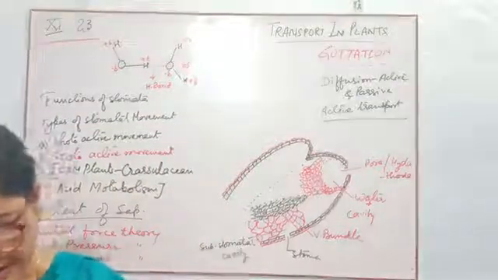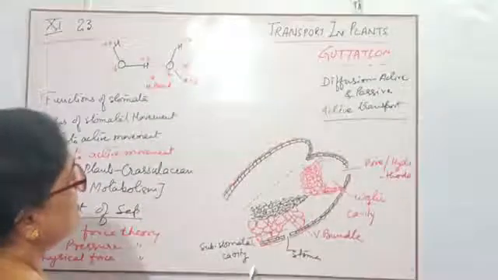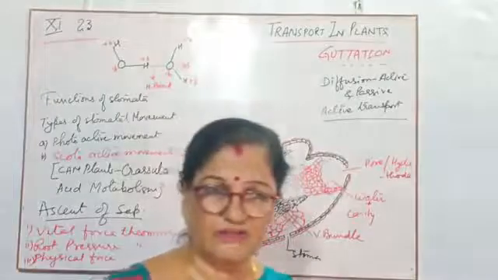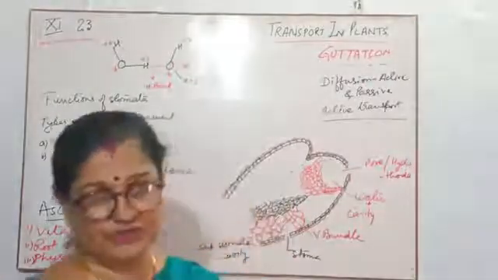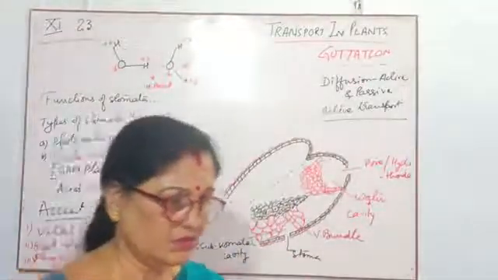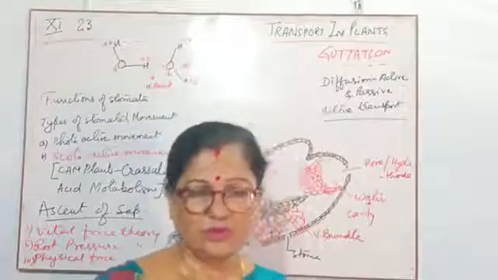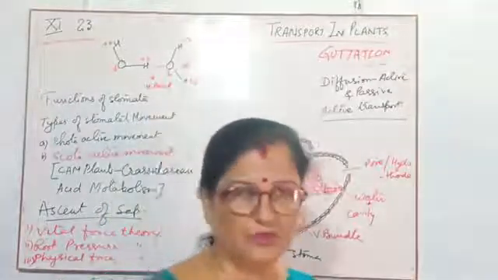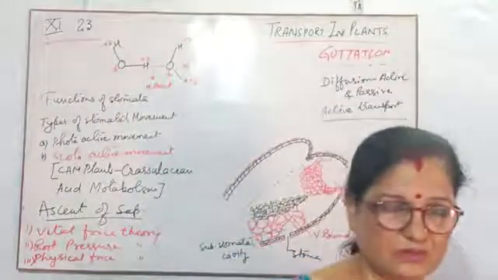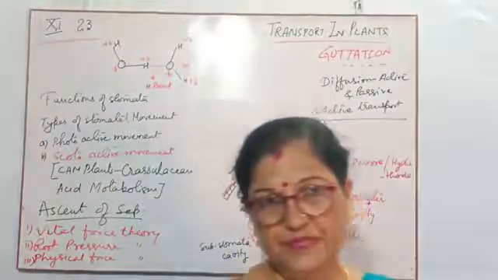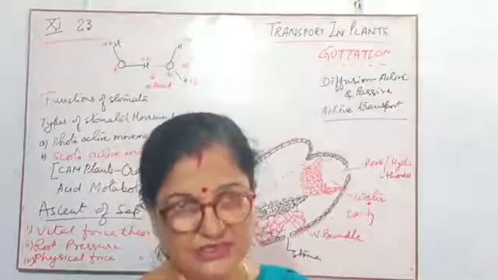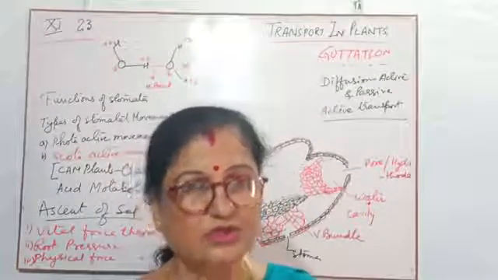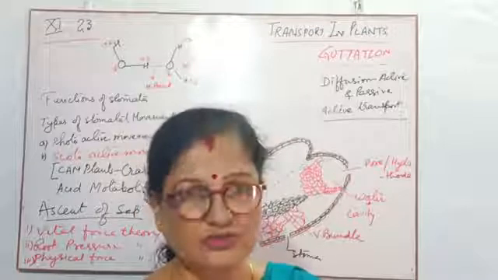Okay, then children, another process for absorption of water is diffusion. Children, diffusion, you know, is the movement of every type of molecule. Maybe it is liquid water, maybe solid, maybe gaseous molecules, fluid molecules, solid molecules, ions also.